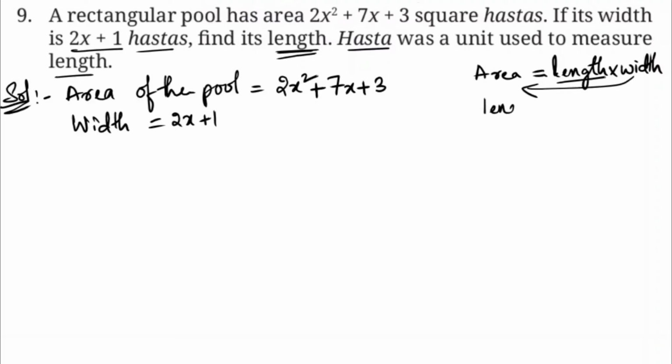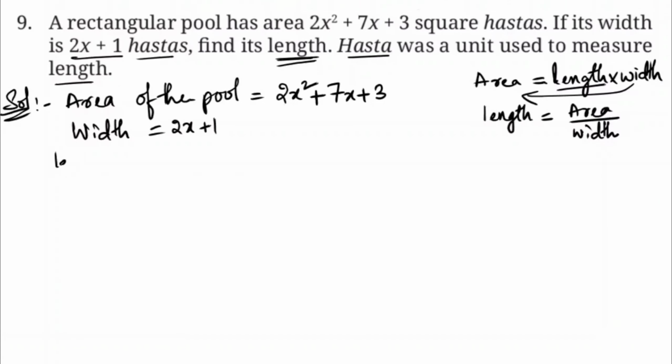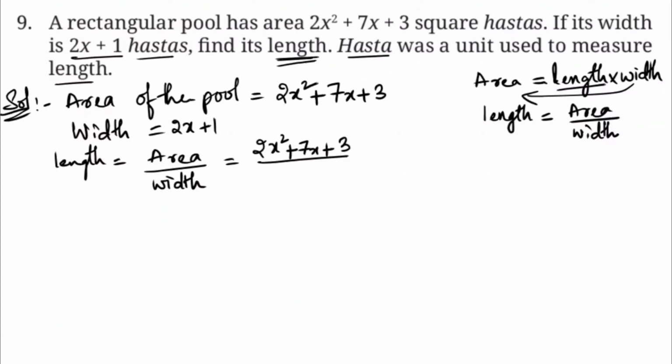So length is equal to area by width. Area is 2x² + 7x + 3 by 2x + 1.